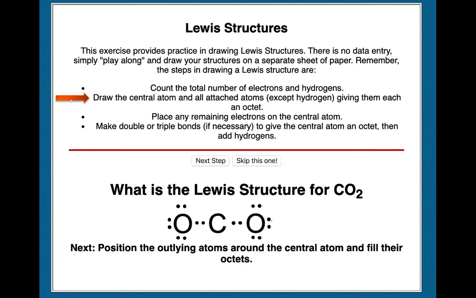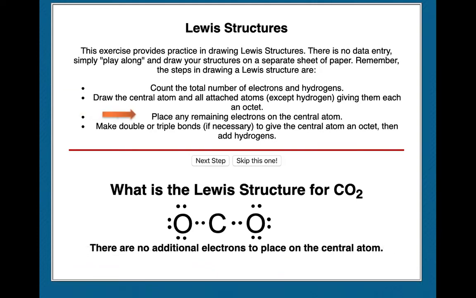There's our carbon, we have 2 oxygens, and we have an octet around both. The next rule, place any remaining electrons around the central atom. Well, remember we had 16 electrons, didn't we? By George, we've used them all.